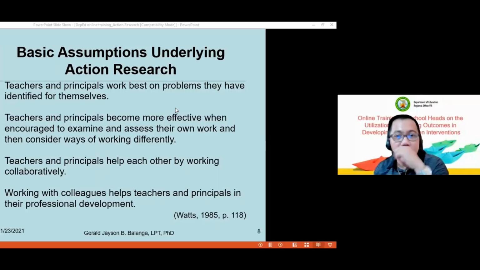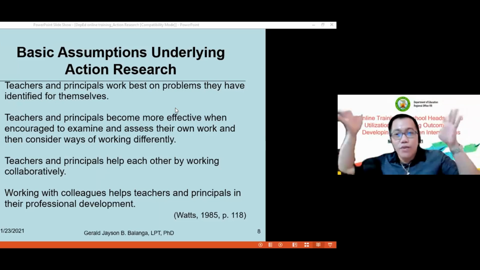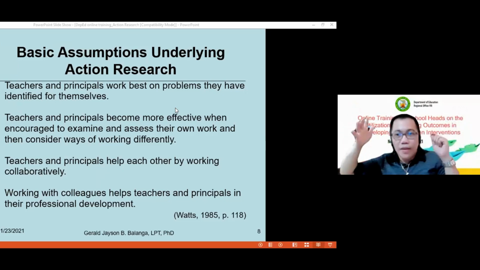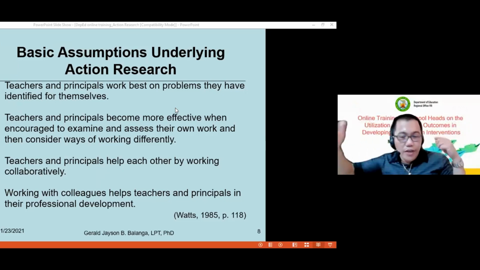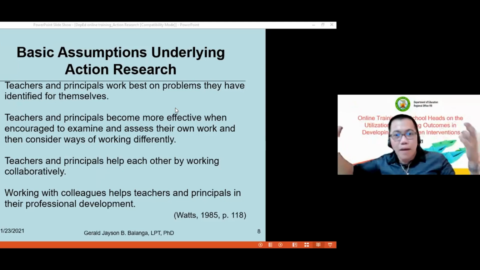So what are the basic assumptions? Of course, I would like to highlight here that teachers and principals work best on problems they have identified for themselves. Okay, so it's a teacher-principal tandem. Teachers and principals help each other by working collaboratively. Correct. Kasi ang mga decisions ay nasa principal.